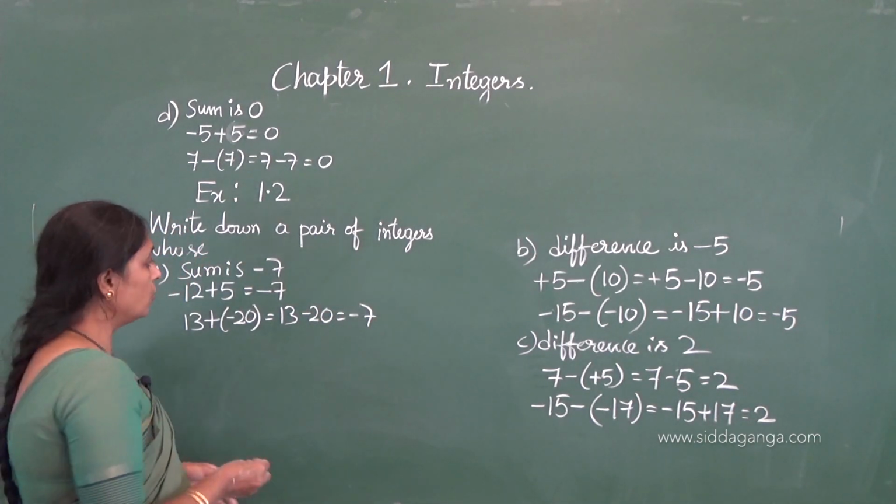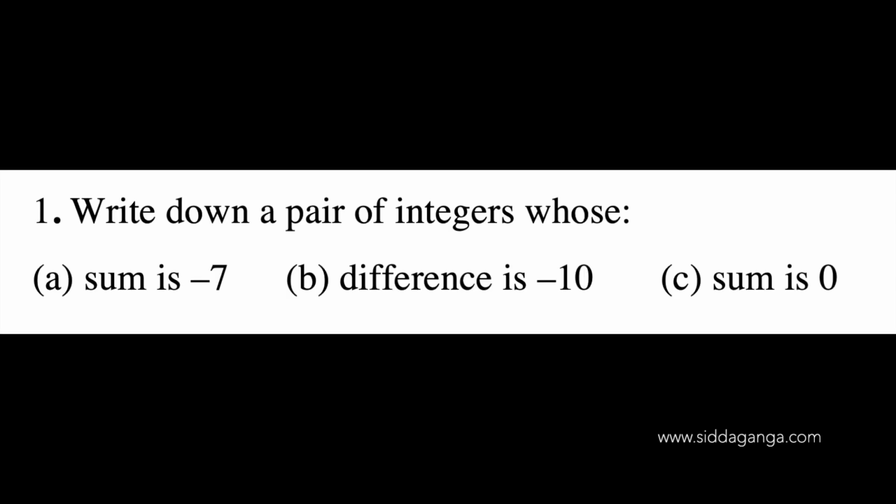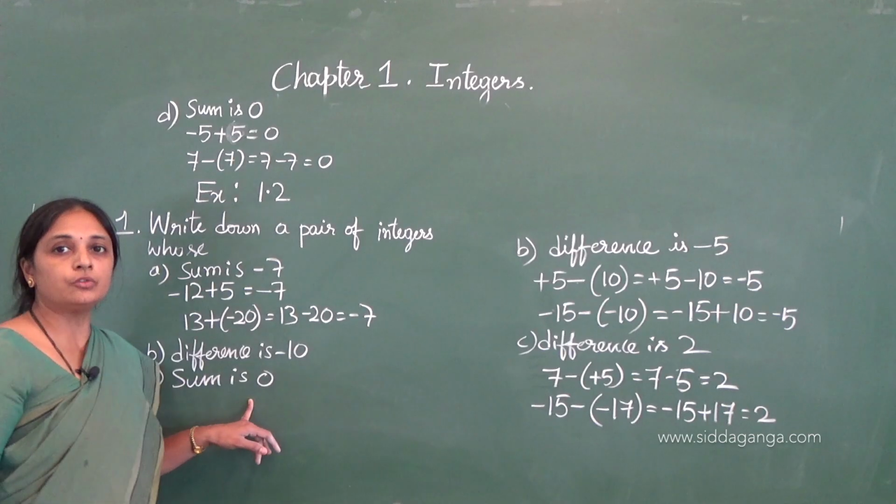Then for your homework, B is difference is minus 10, and C is sum is 0. Sum is 0. Like this you have to do.